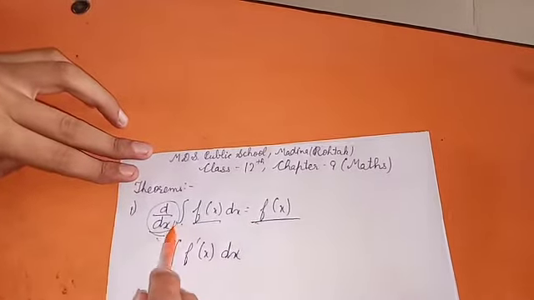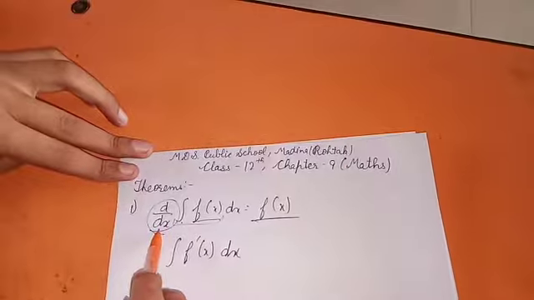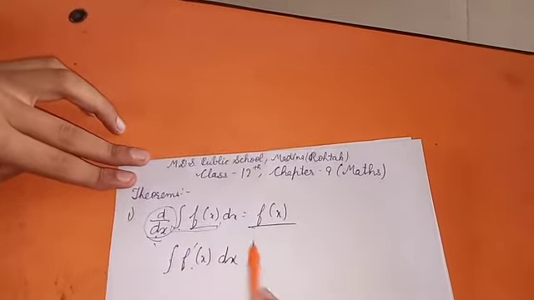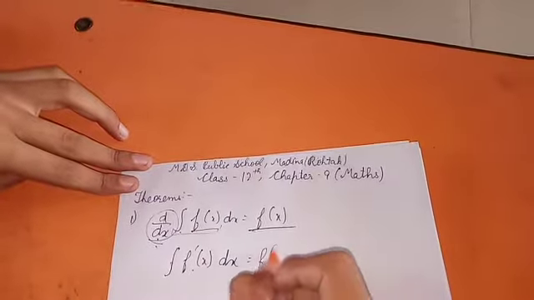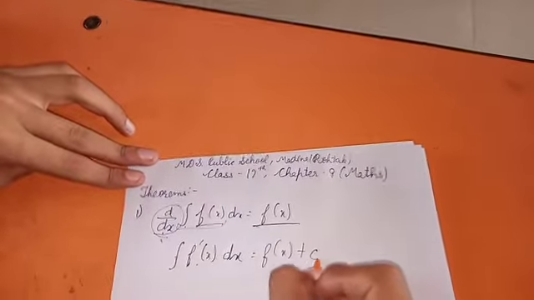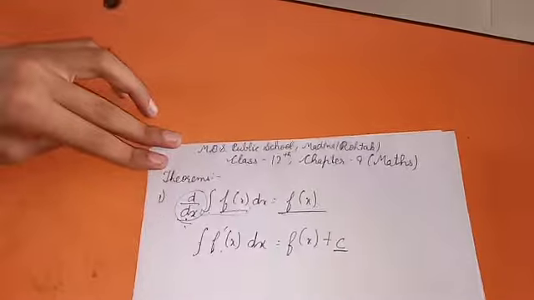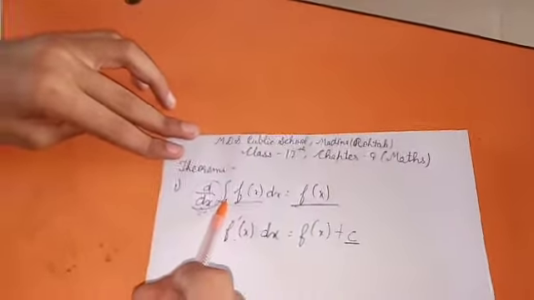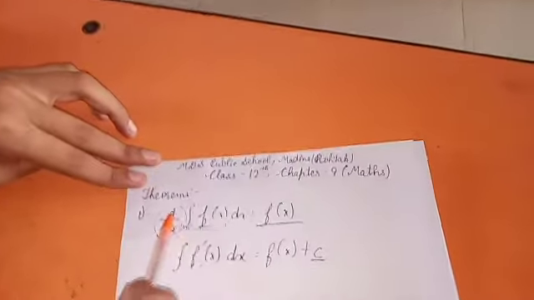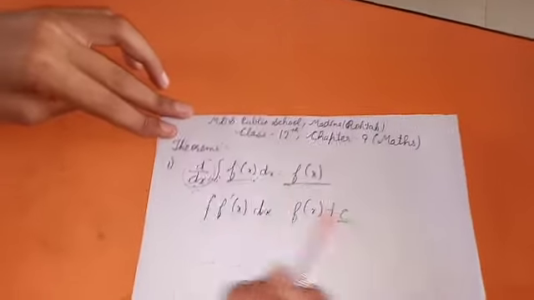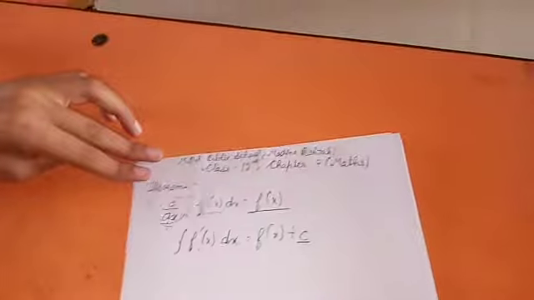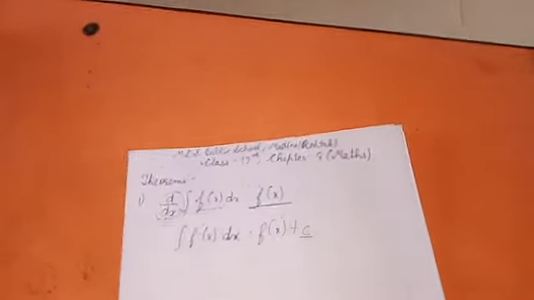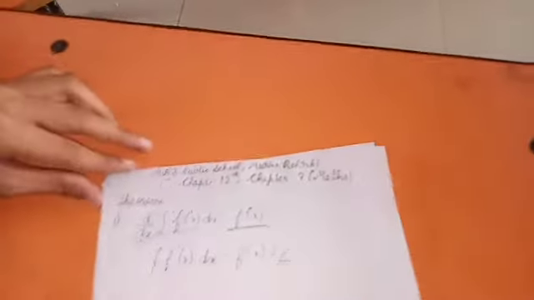Here we have to do integration first, then differentiation. Here we have done differentiation and now we will integrate it, and then we get f of x plus c. Why did we not get plus c in the first case? We got it there also, but due to differentiation, the constant becomes 0. So this is the difference, where c is any constant.